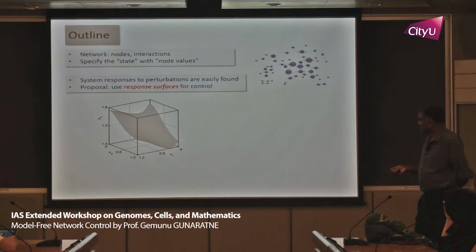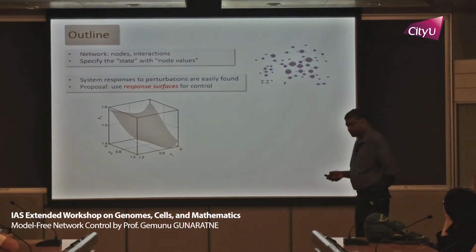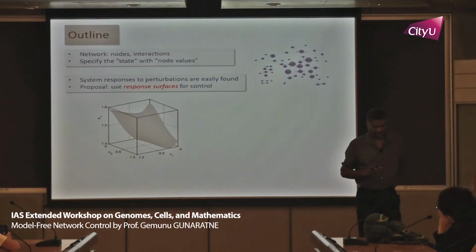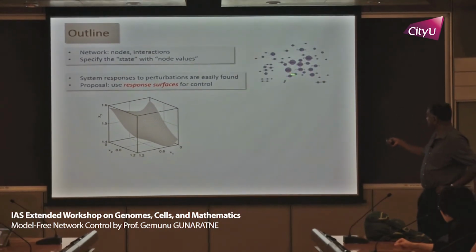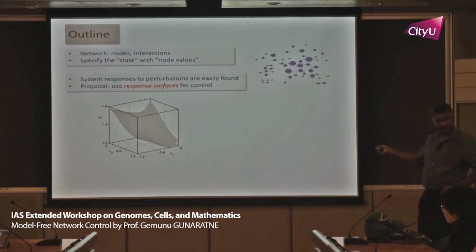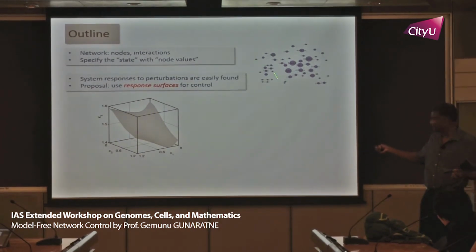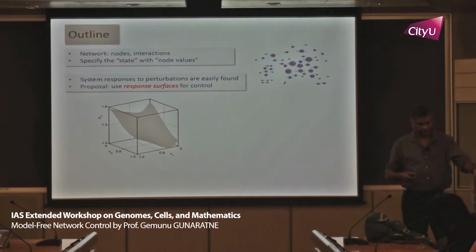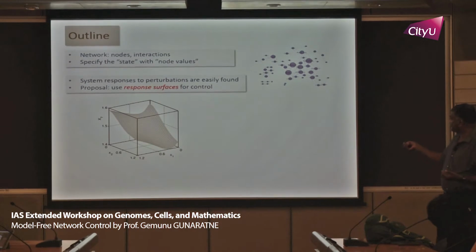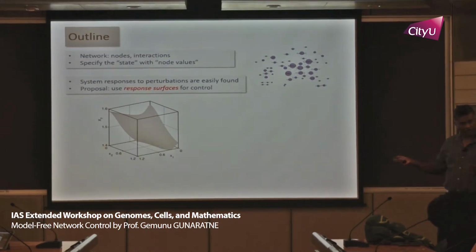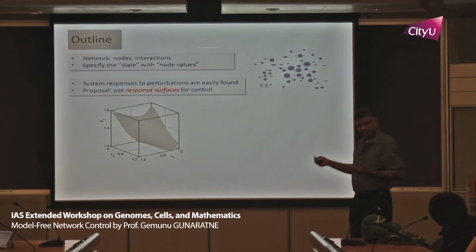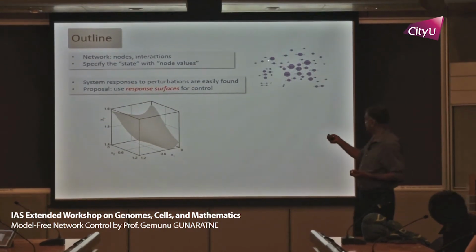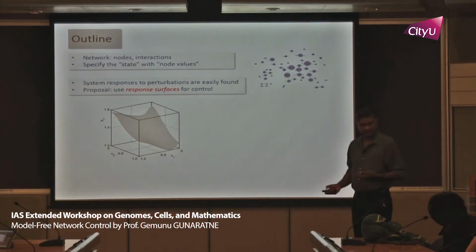So the proposal is this. One thing you can do is take a number of genes. Maybe I can change one of them. I can increase the levels of one or a few of them. I can see how the system responds. System response meaning I can find out how the rest of the network, the rest of the genes, how their levels change if I change any one of them.